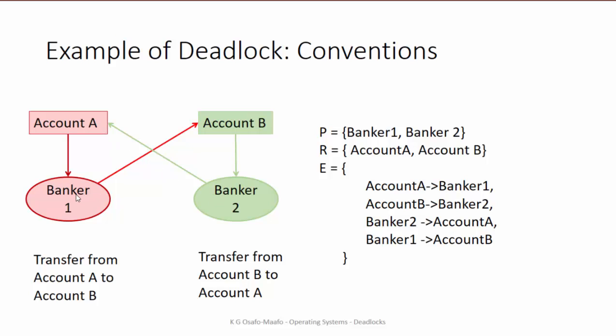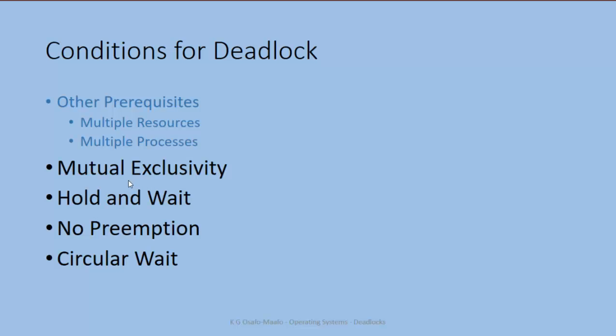And of course, banker 1 to account B. You should be able, given a diagram, to come up with the notation representing it in text form, or going from plain text, being given the different nodes and the edges, to represent it in diagram form.